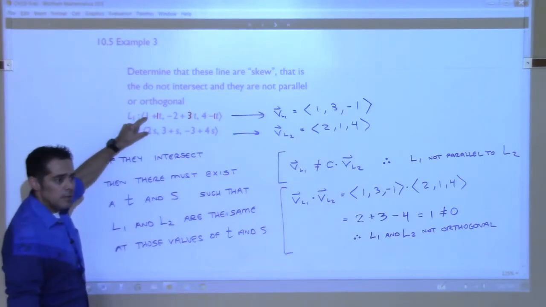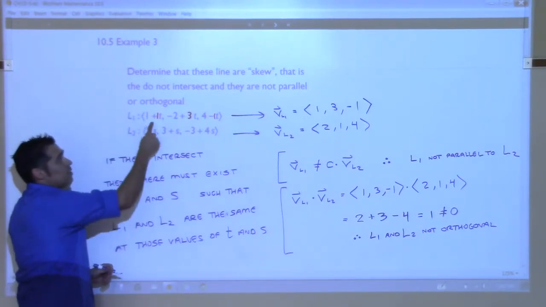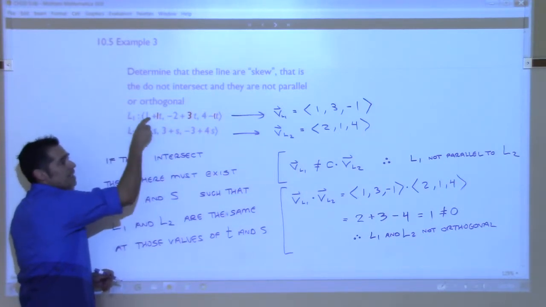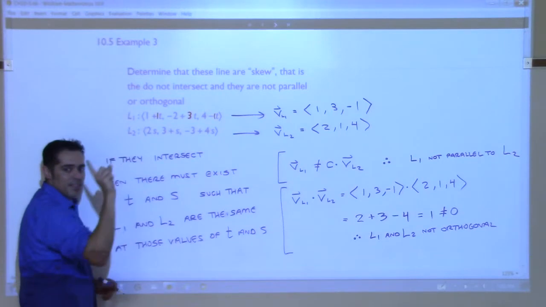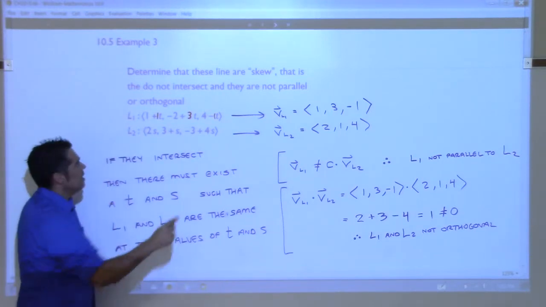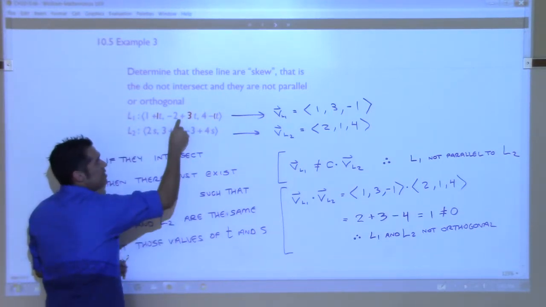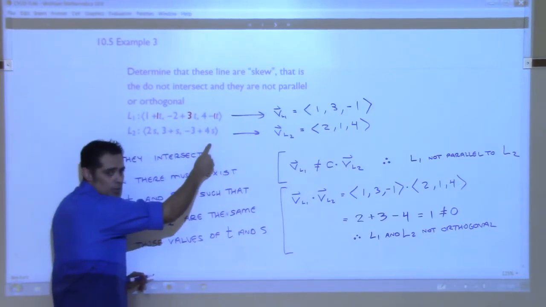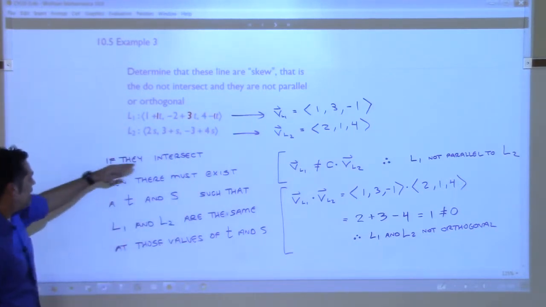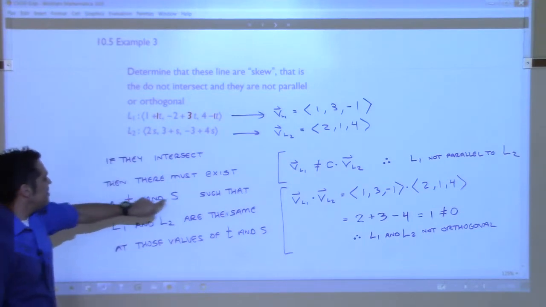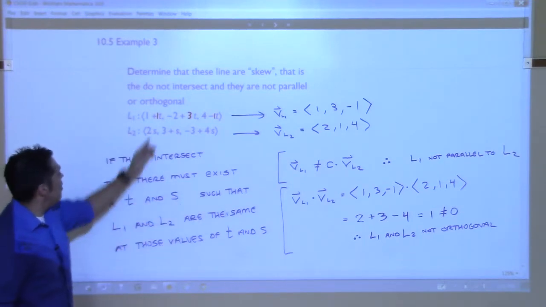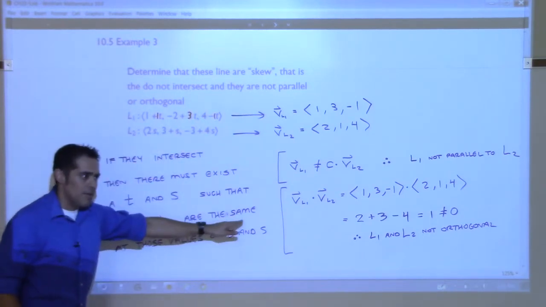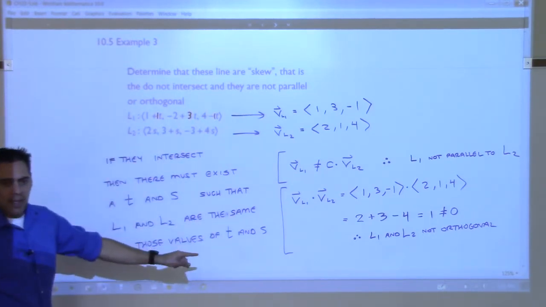So these would have to be equal at the same time. But simultaneously, the same t and the same s must make the y components equal and the z components equal. If they intersect, there has to be some t and some s such that all three components of the two lines are the same at those values.